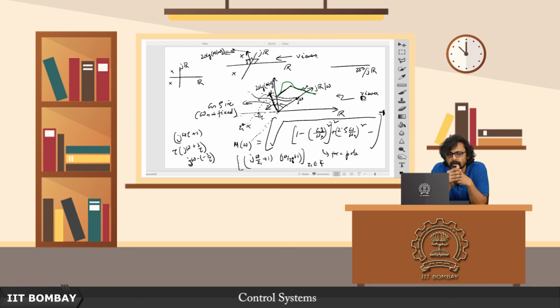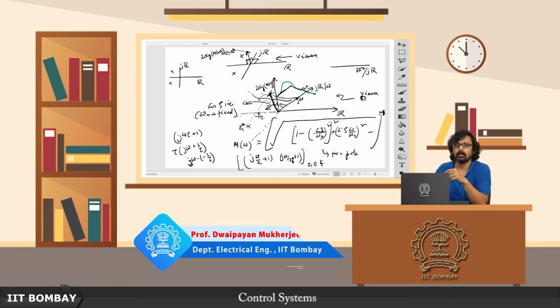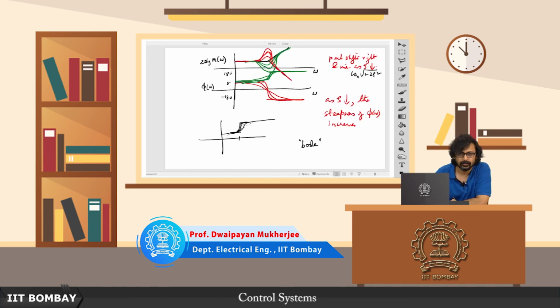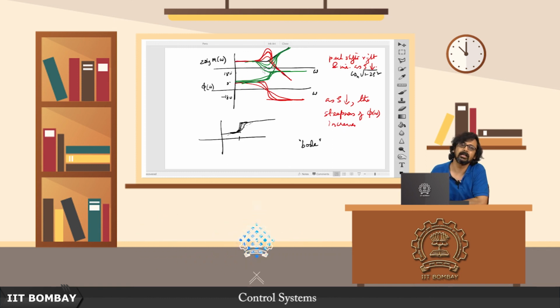So that is essentially it. Of course, in case of the 0, you have these resonant peaks in the reverse direction, in the negative direction. So that is one point I thought I should explain a bit.